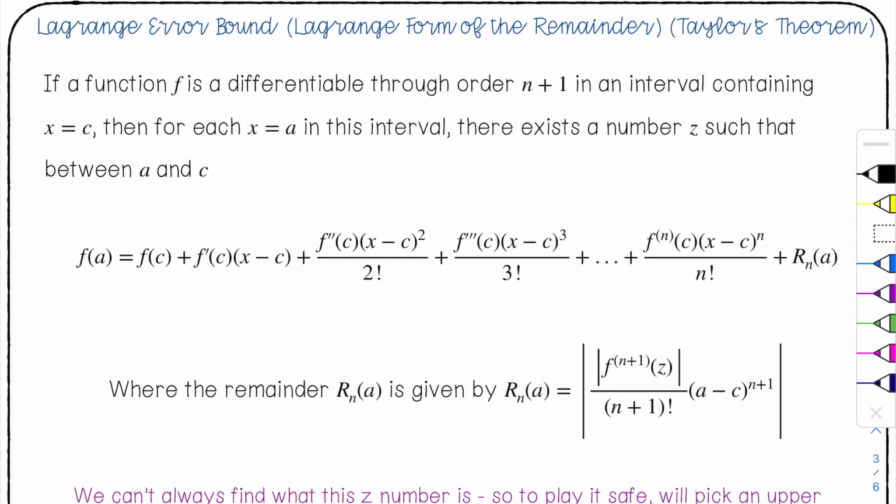Right, so c is your center point. For every x value in that interval that is not c, so x equaling a, there exists another number, z, that's between a and c, such that the Taylor polynomial, this is just our Taylor polynomial, setup.